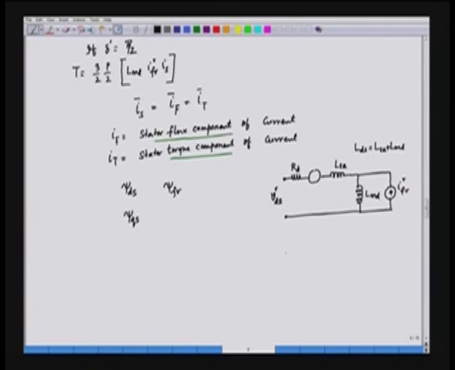Similarly, in the q axis we have the resistance, we have a rotationally induced EMF, and then we have a leakage, and we have a magnetizing branch, and here this magnetizing branch is LMQ, which is the q axis magnetizing inductance, and LLA is the leakage of the stator, and RQ is the resistance of the winding in the q axis, and this applied voltage is VQS, referred to the rotor reference frame.